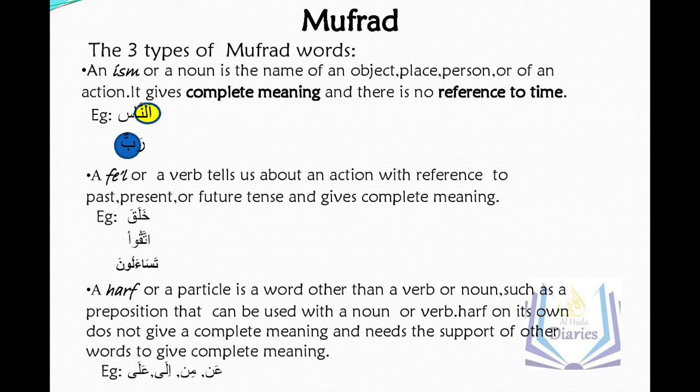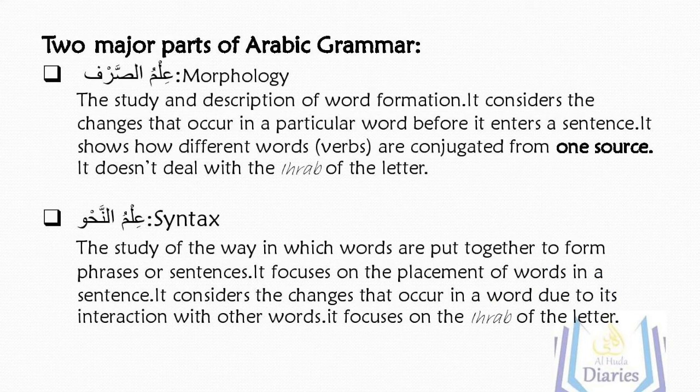Whereas in nahv, that is syntax, we study the way in which words are put together to form phrases or sentences. That is the order of the placements of word in a sentence. And we also learn about the changes that occur in a verb because of its interaction with the other words in the sentence. What is nahv?